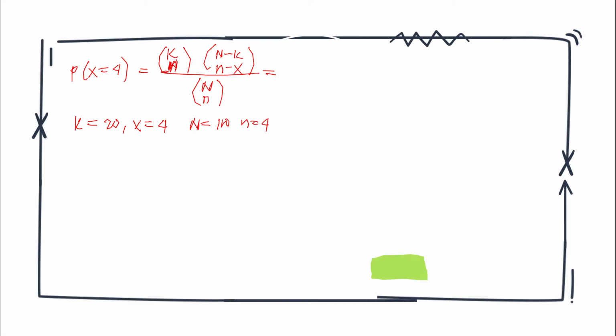By substitution, we have k, that is 20, taken x, which is 4, times N, which is 100, minus 20, taken n minus 4, that is 4 minus 4.